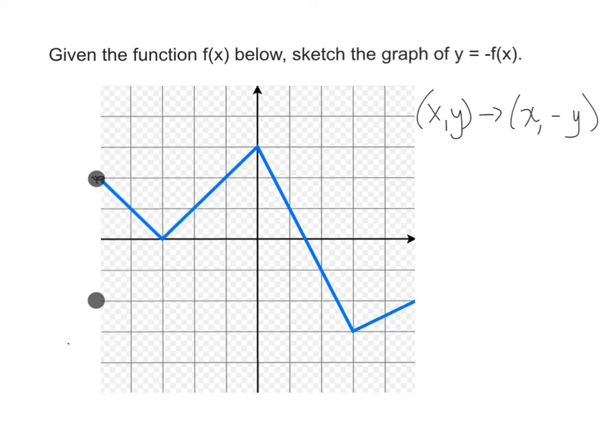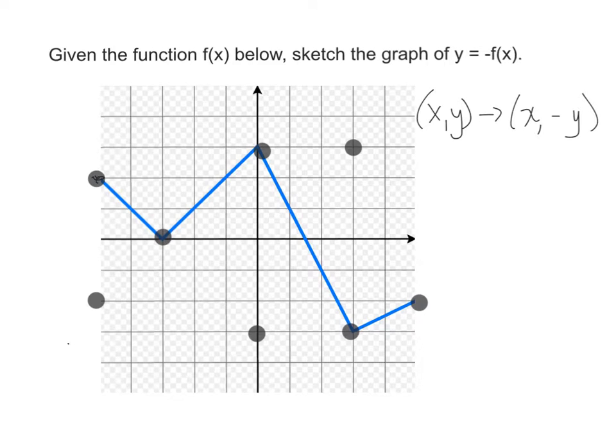This one is at -3 and 0. Where does it go? Stays the same. It's right on the x-axis. This one is at 0, 3. It'll go to 0, -3. Then we have this one that's at 3, -3. It goes to 3, 3.